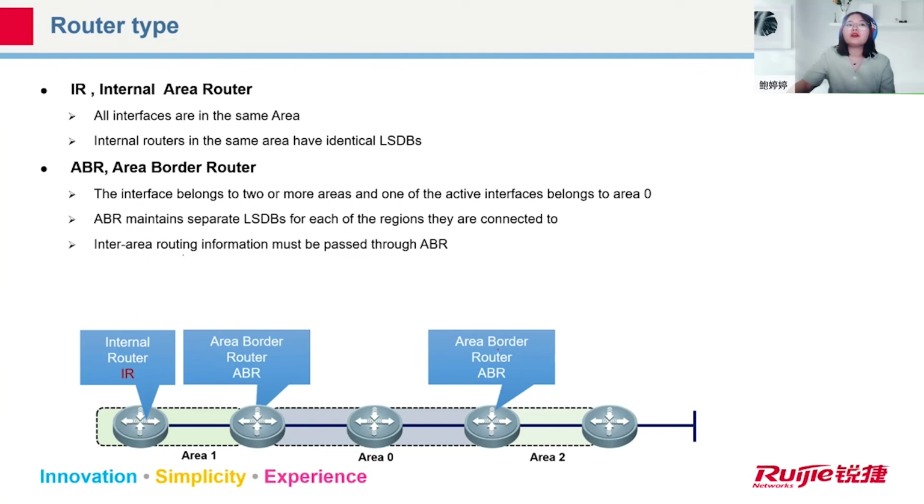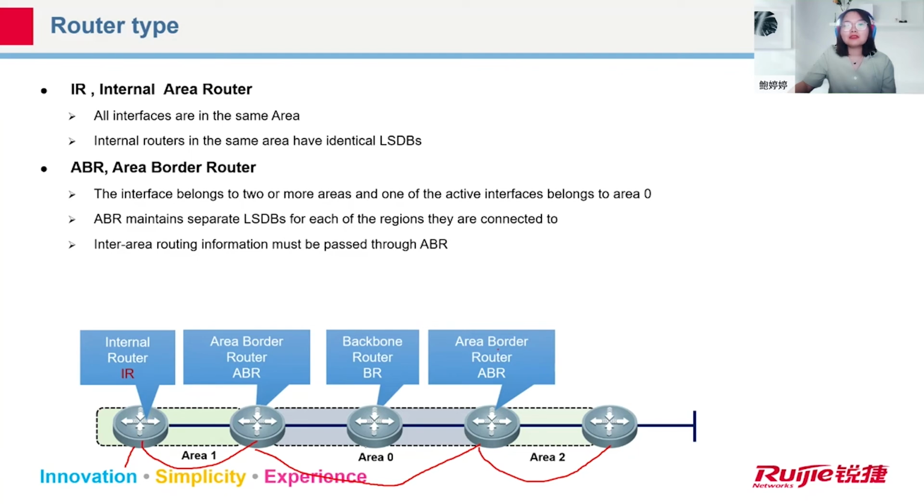And the inter-area routing information must be passed through the ABR. If area 1 has the segment 10.1.1.1, and a router in area 2 wants to visit this segment, this router must have the routing information, right? So the information must be forwarded to ABR 1, and the ABR also forwards to ABR 2, and the ABR sends it to this router. Then we can get the routing information.